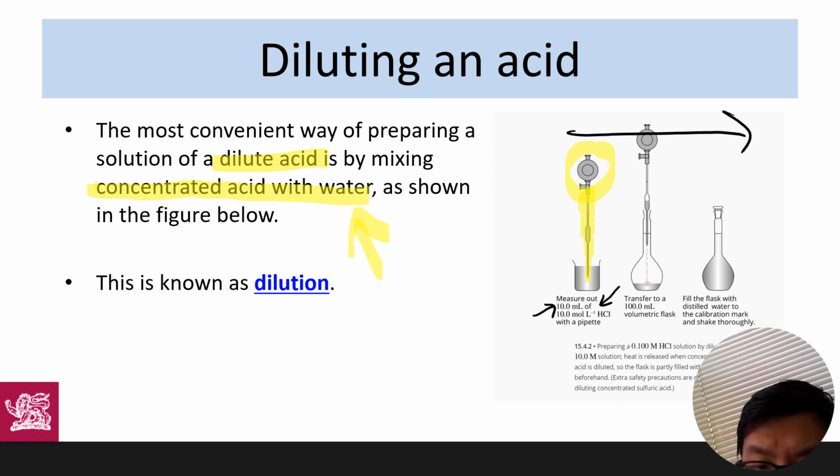We're only taking 10 mils, and then we're transferring it to a volumetric flask, which has a size of 100 mil.